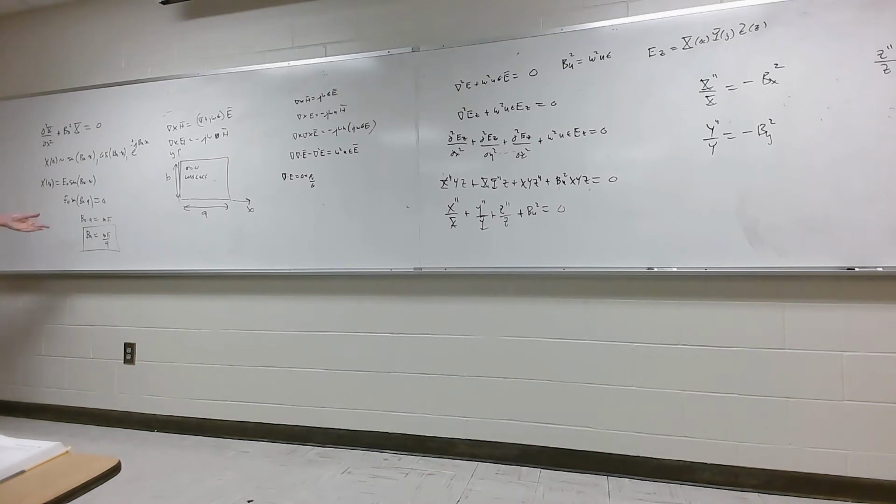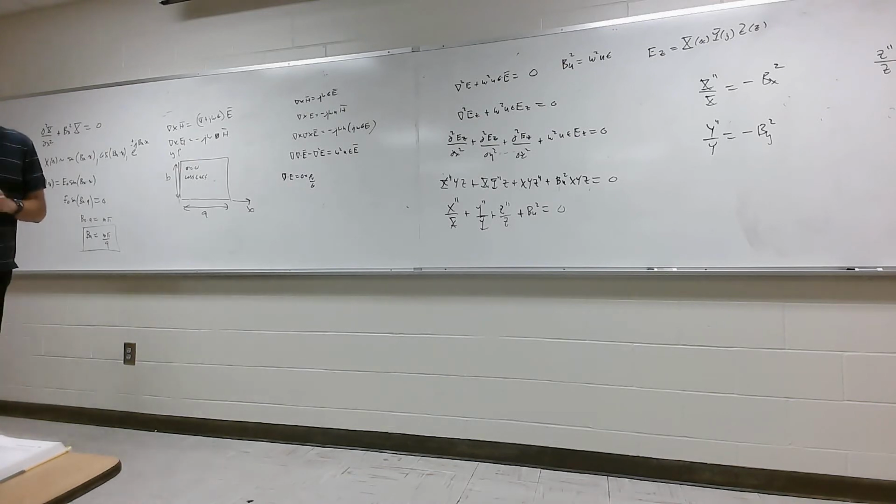In a very similar fashion, when we do this thing right here, and we put it for y, we'll get the y variation. It'll have the same possible forms, either sine, cosine, or an exponential, and it has to be the sine for the same reason. The E field has to be 0 at the boundaries. And let me just do that over here.